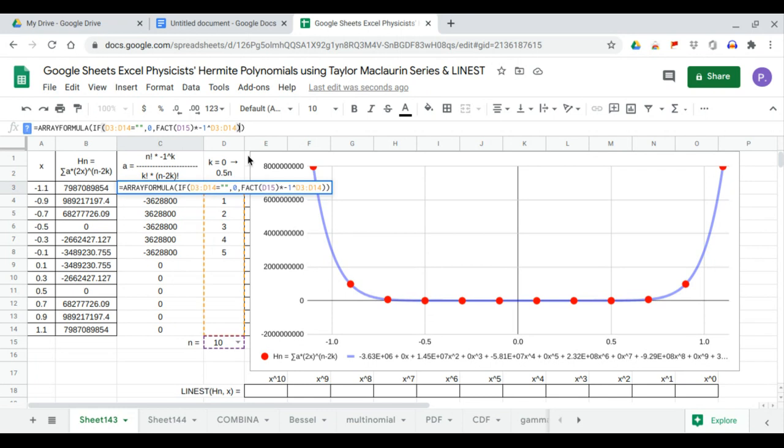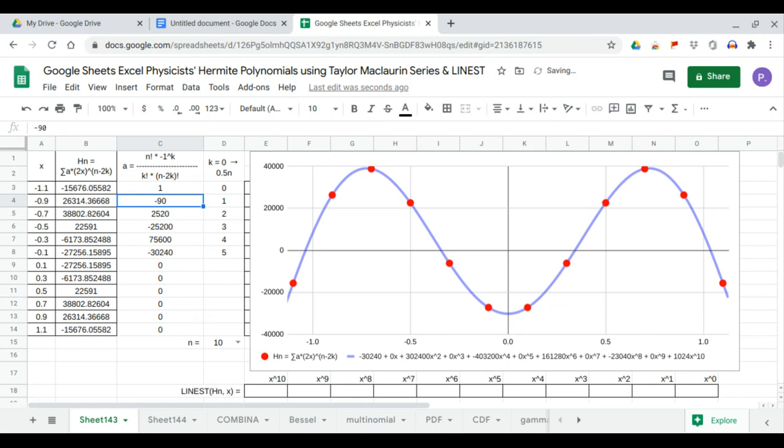So we start with the first part. So all over the quantity, factorial k times factorial, the second part is n minus 2k, n minus 2 times k.